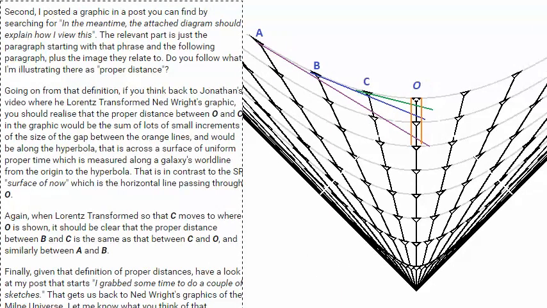Second, he posted a graphic in a post you can find by searching for "in the meantime." The attached diagram should explain how I view this. The relevant part is just the paragraph starting with that phrase and the following paragraph plus the image they relate to. Do you follow what I'm illustrating there as proper distance?